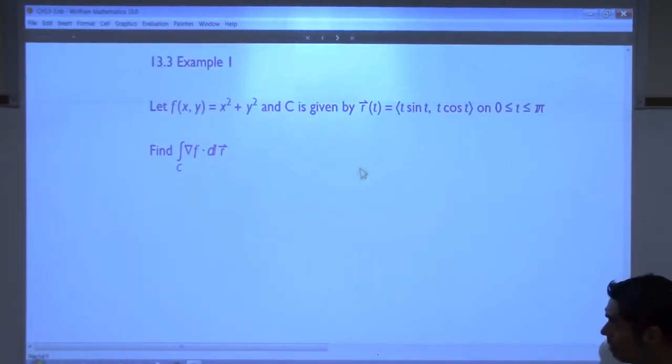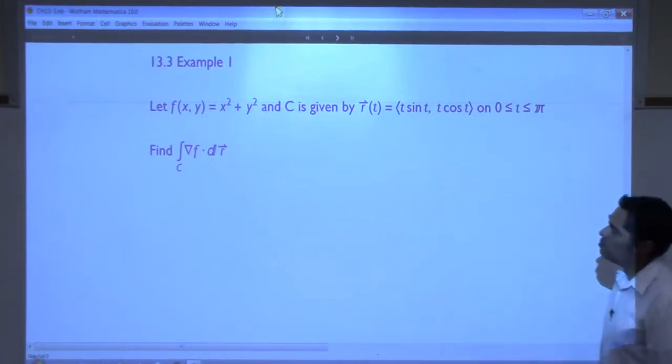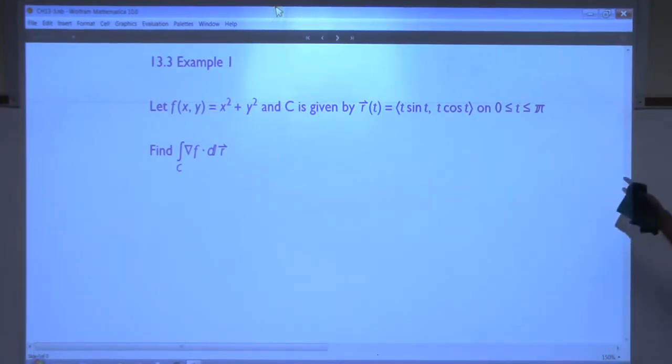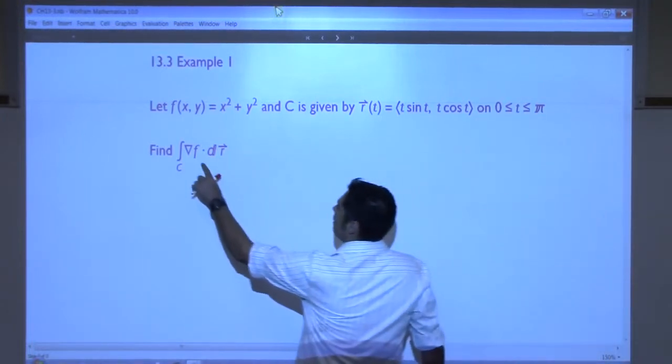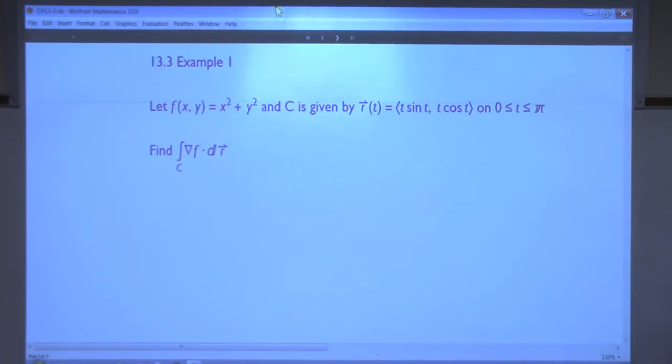Well, let's just work one out first, okay? Let's say we're given the scalar function f of x, y is x squared plus y squared. C is given by the vector curve there. Find this. Is this going to follow the fundamental theorem of line integrals?